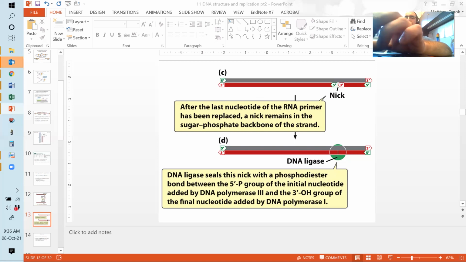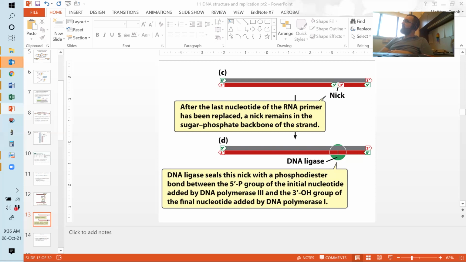And ligate basically means to stitch together. Like ligature is a fancy word for a piece of thread that you use to sew up a wound.